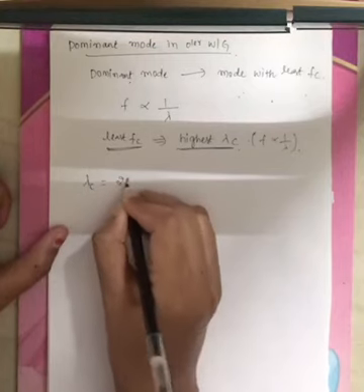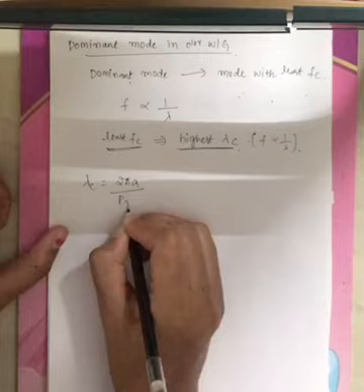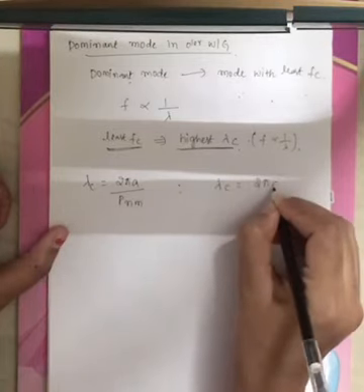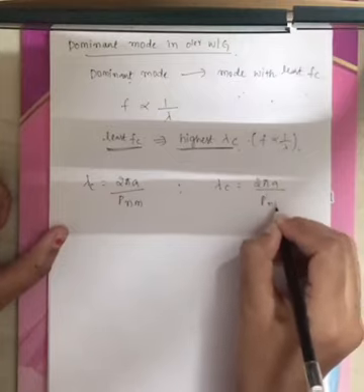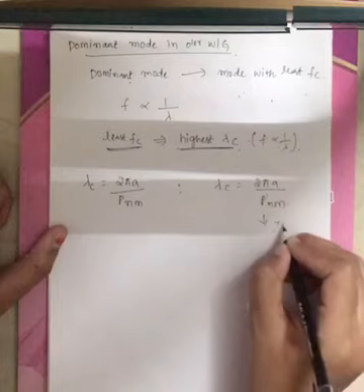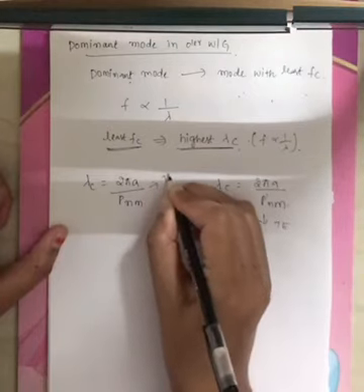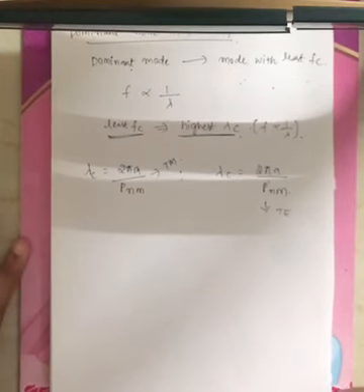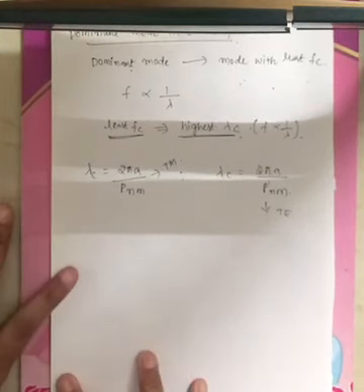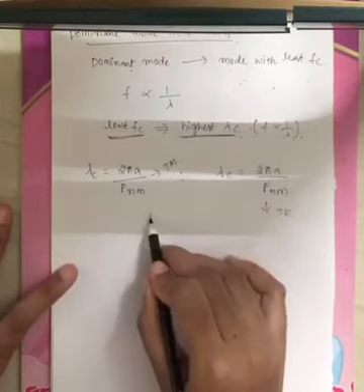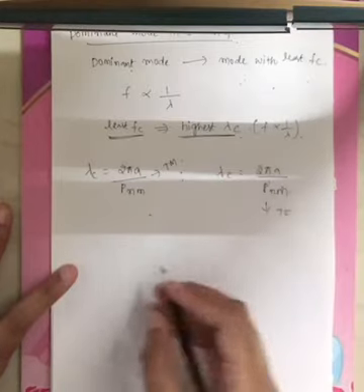Lambda c is nothing but 2 pi a by pnm, and lambda c is nothing but 2 pi a by p dash nm, right? This one is for TM mode of propagation, and this is for TE mode of propagation.